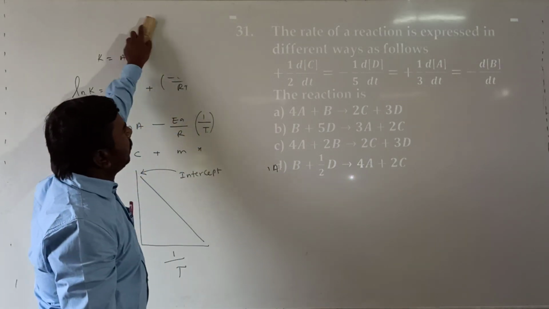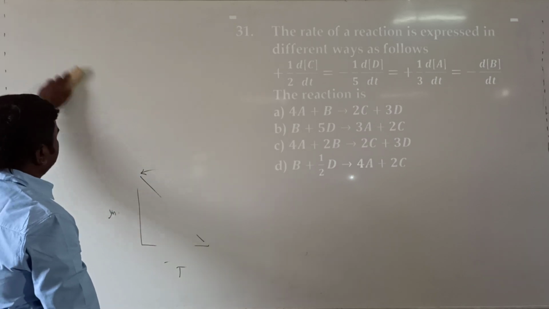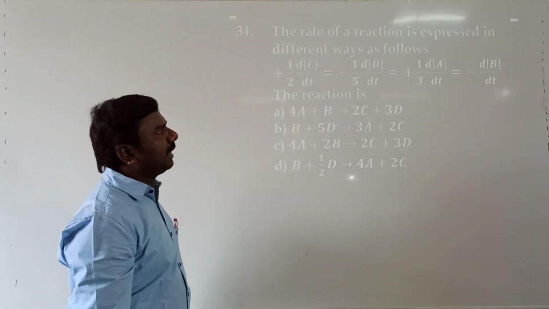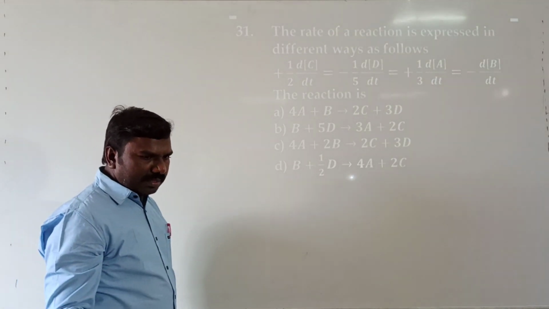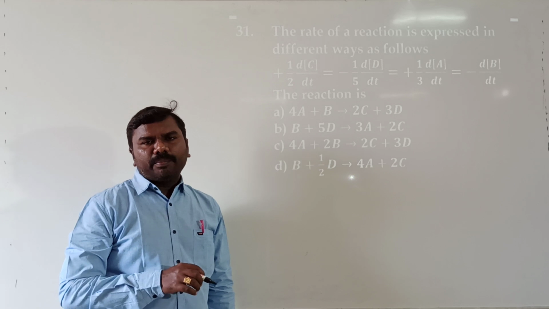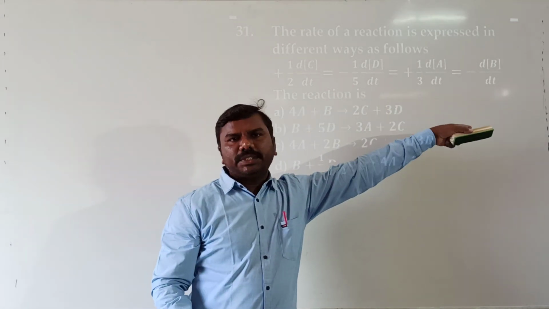The rate of reaction is expressed in different ways as follows. Minus, plus, minus, plus: a minus indicates a reactant, and a plus indicates a product, so this will be taken as a coefficient.